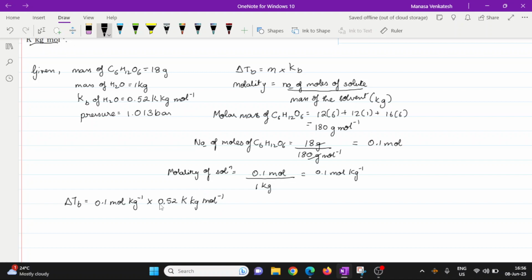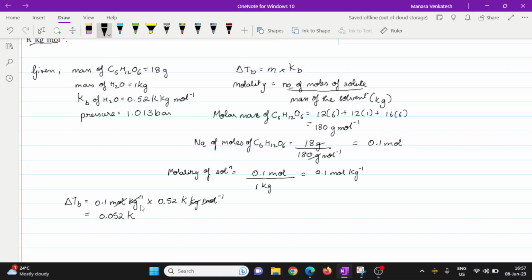Now, if you've watched some of my videos, you notice that I always like to tackle our units first, and now we are left only with Kelvin, which is good because we need the value of delta TB. So delta TB is going to be equal to 0.052 Kelvin. This is the difference in boiling point.